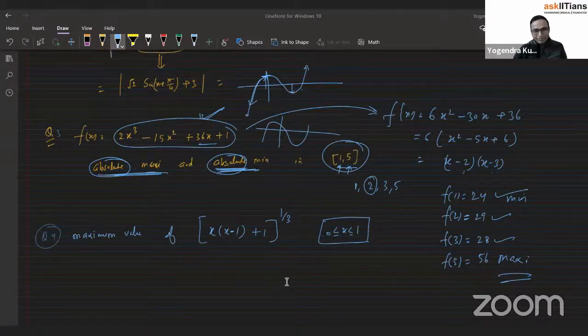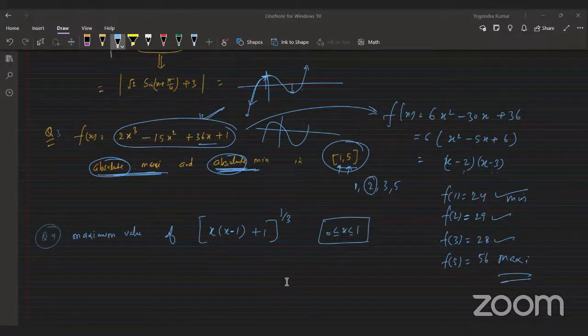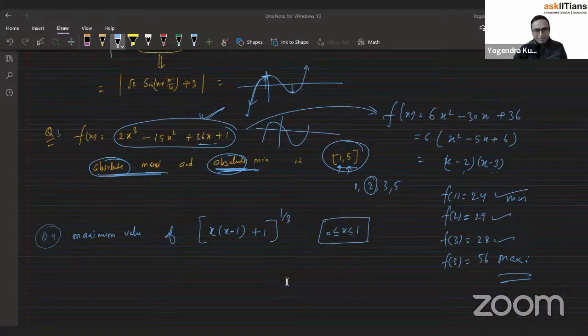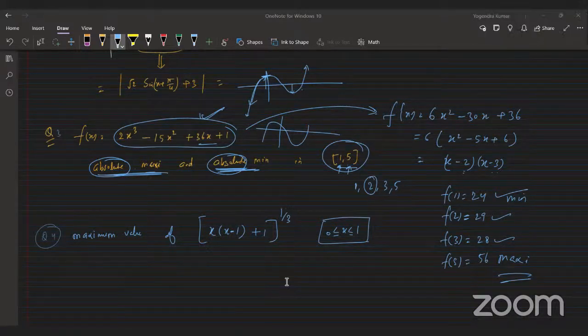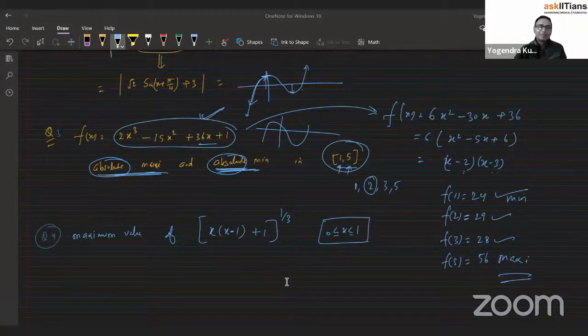Maximum value is what? So it's 1 at 0 and 1. But you are saying minimum value is 24? That was for the third question. Sorry, I didn't see that. Correct that. Maximum value is 1, right? Everyone is getting that. Prithvi, Vedant, you got it right.